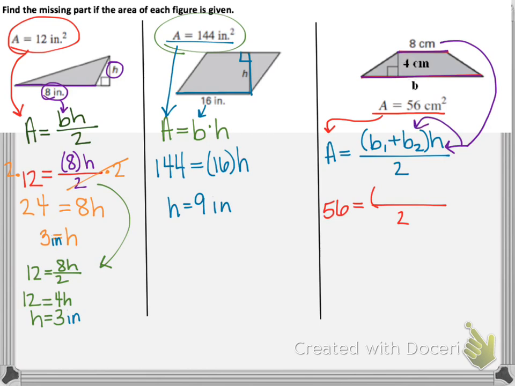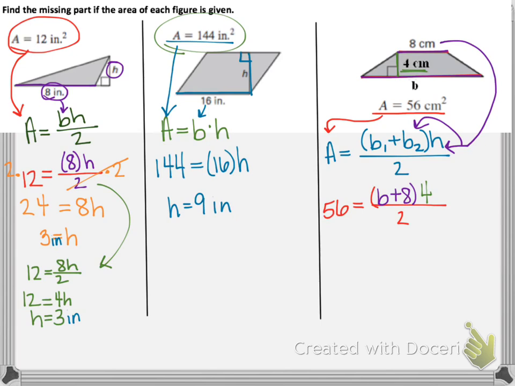So I'm going to end up with b plus 8. And then right here, they gave me my height is 4. I'll have 4 right here.